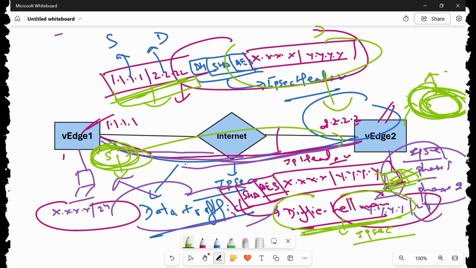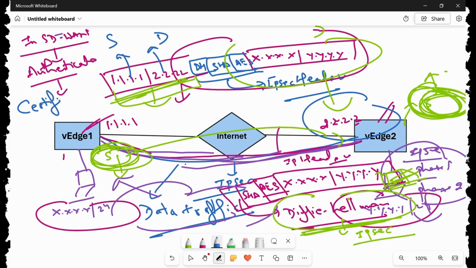The other thing we have to see in SD-WAN: we will authenticate each device using certificates.